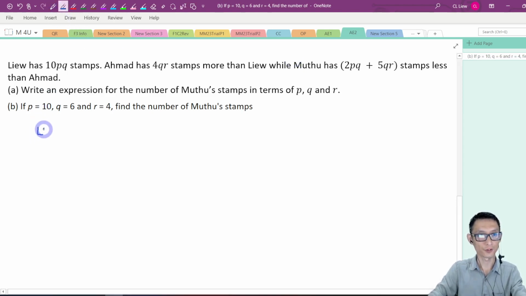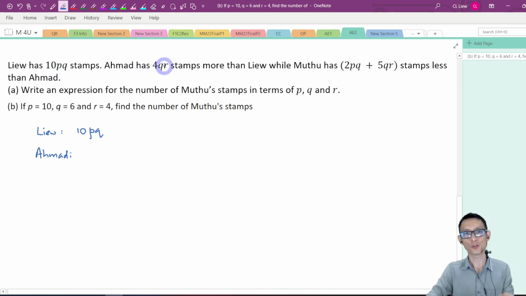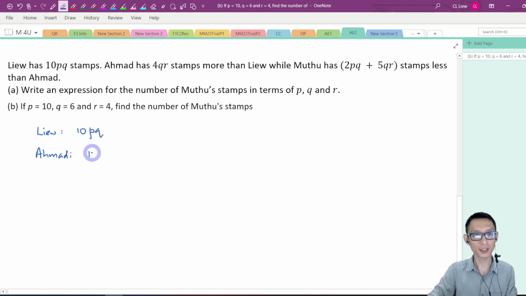Liu has 10PQ stamps. Ahmad has 4QR stamps more than Liu. More than this means plus 4QR, so it will be 10PQ plus 4QR.